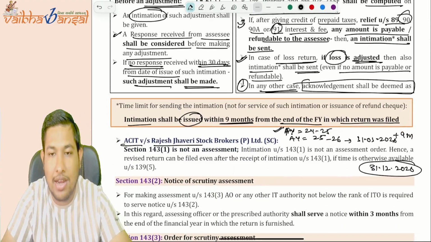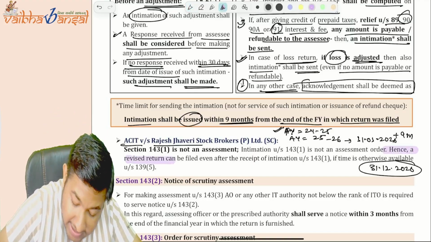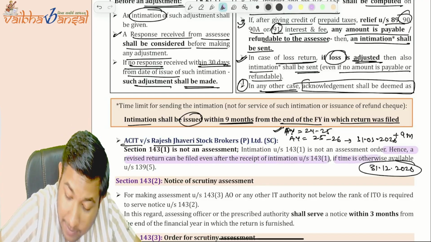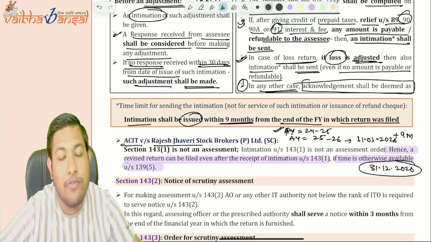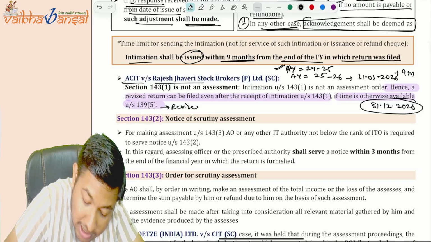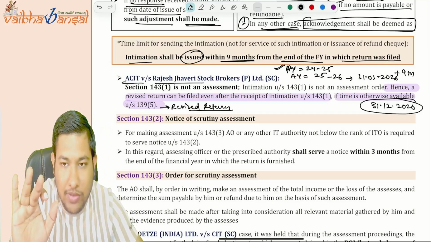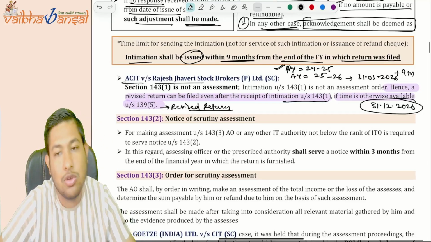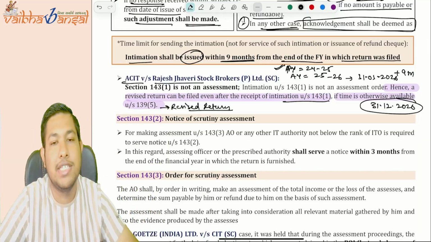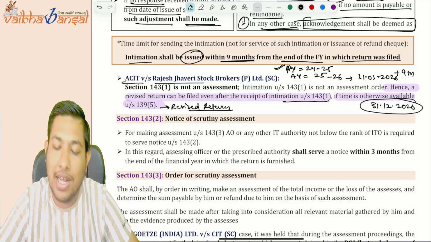Understood? Hence a revised return can be filed even after the receipt of the intimation if time is otherwise available under section 139(5). When the timeline for the revised return is available and the intimation is already given to you, there is no worry. You can still revise the return and the department will again send you the intimation based on the revised return.